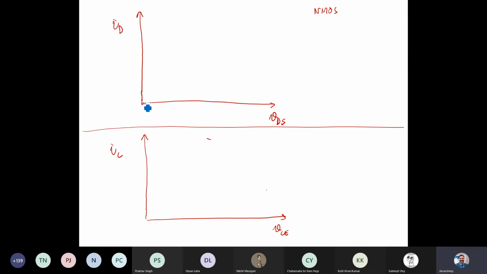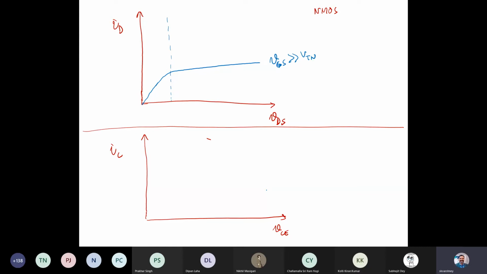We have this region, then this right bending, and then you go like this. There's some fine slope, but okay. This is for a certain VGS voltage, which is much greater than VTN.